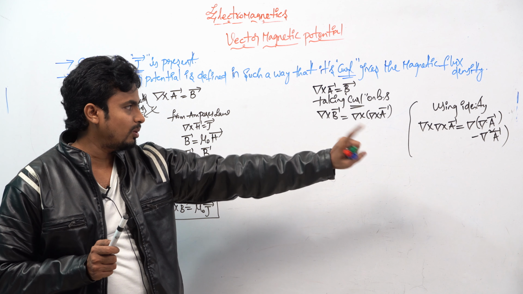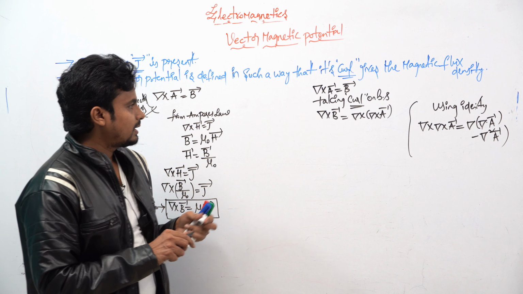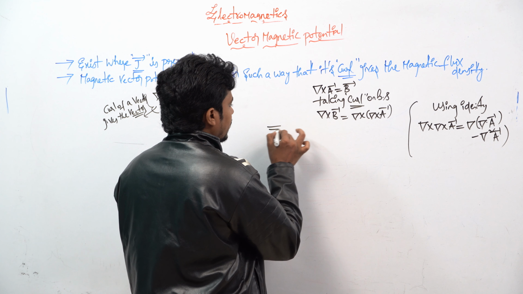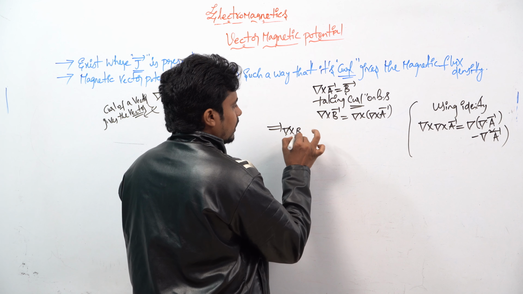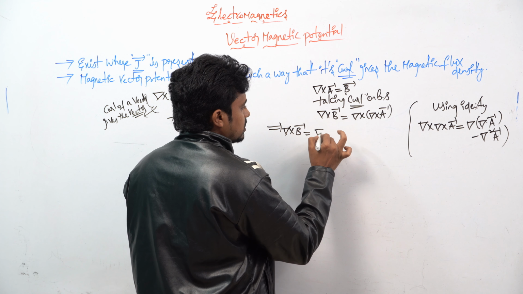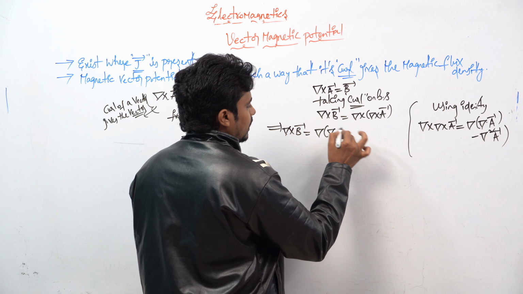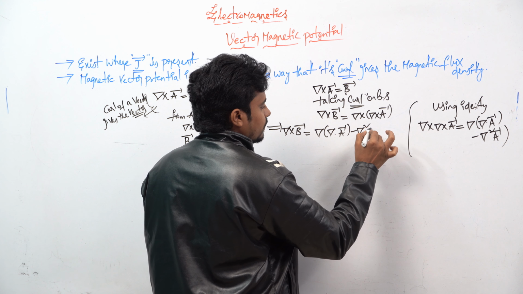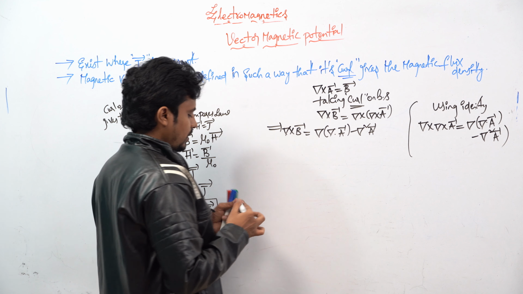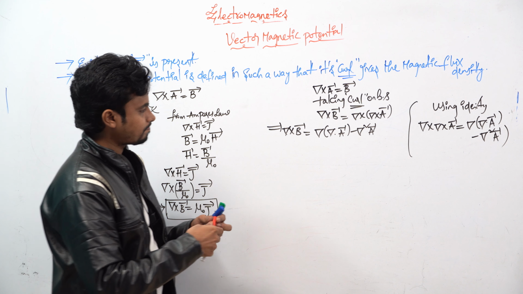Okay, so I will directly substitute that formula here. So this will become del cross B bar, that is equal to del (del dot A bar) minus del square A bar, right? So here this will be equal to 0. Why?